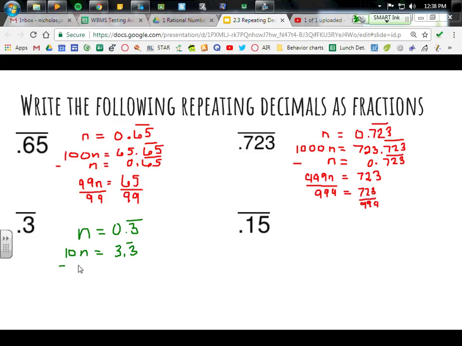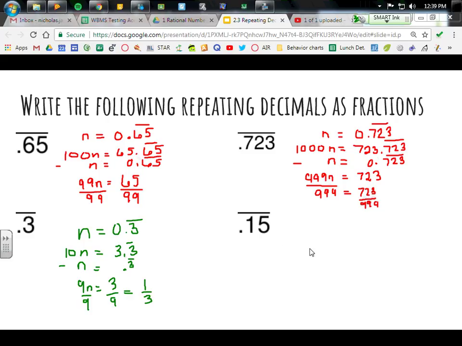I'm going to subtract n, and I will get that 9n equals 3. Divide by 9, and I get 3/9. 3/9 can simplify to 1/3.